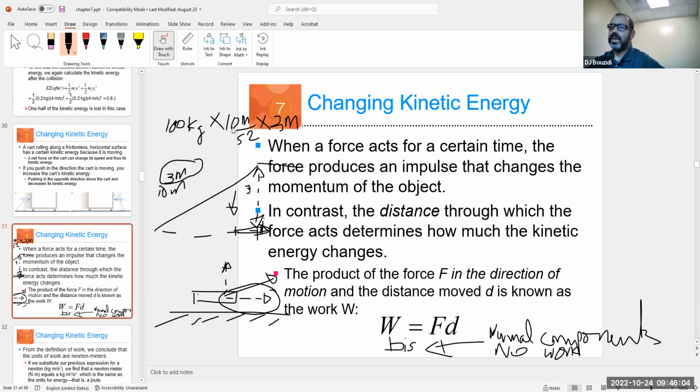So 100 times 10 is 1,000, times 3 is 3,000. It's a big object, by the way. 3,000, kilogram meters squared per second squared. In honor of Mr. Joule, we gave it a name, joules. So that's how much work is needed in this case.